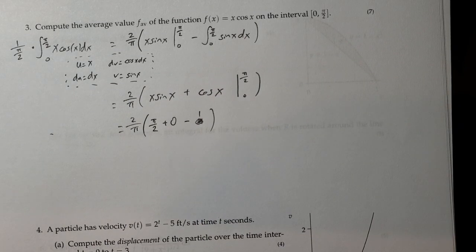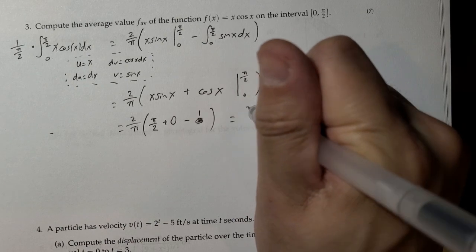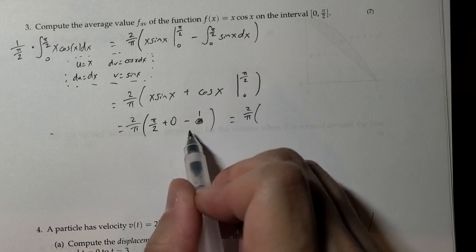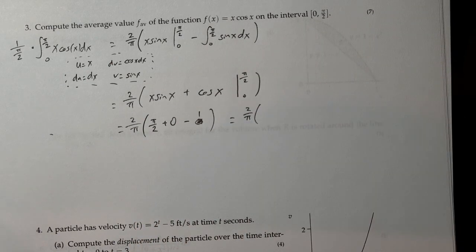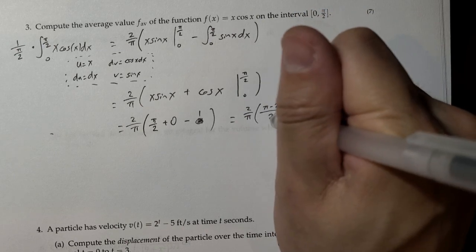So this is 2 over pi times pi over 2 minus 1. You can write that as pi minus 2 over 2.